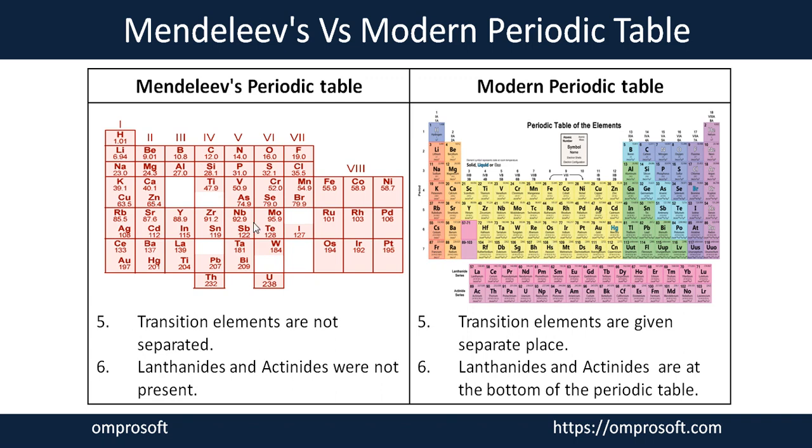Then, about the groups and periods, and the transition elements, there was no separate section, but now they have a completely separate section. There was no inert gas group, but now inert gases have a separate section. There were no lanthanide and actinide series, but now they are present at the bottom of the periodic table. So these are the differences between Mendeleev's and the modern periodic table.